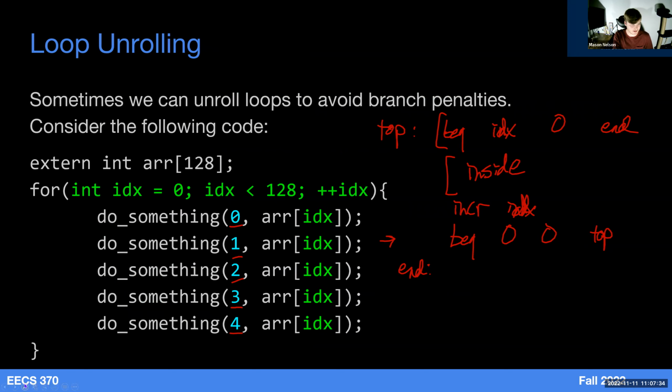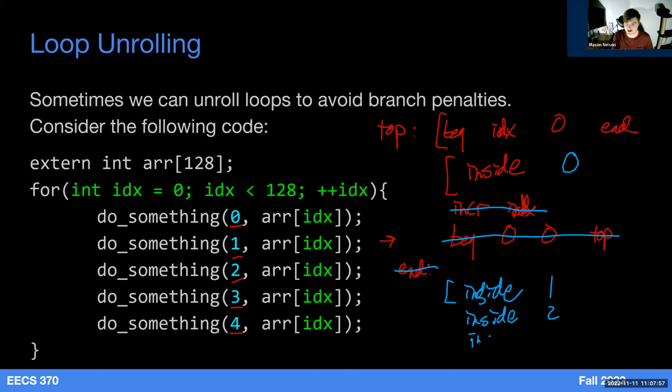Now our code looks something like this instead. Let me use a different pen color. We can remove this unconditional BEQ, and then we'll do our inside 5 times. Here's time 0, here's time 1, time 2, time 3, and then 4. And then at the end, we have our new end label.